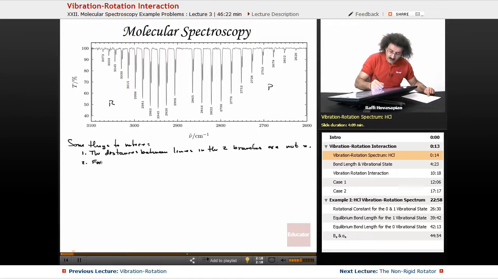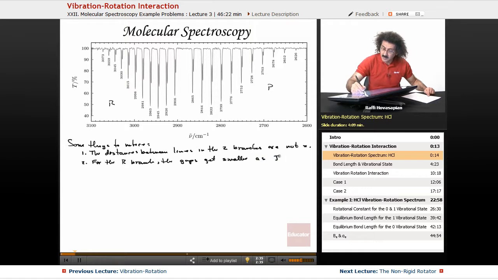Now, for the R branch, the gaps get smaller as J increases this way. And for the P branch, the gaps get larger. The gaps get wider as J increases.